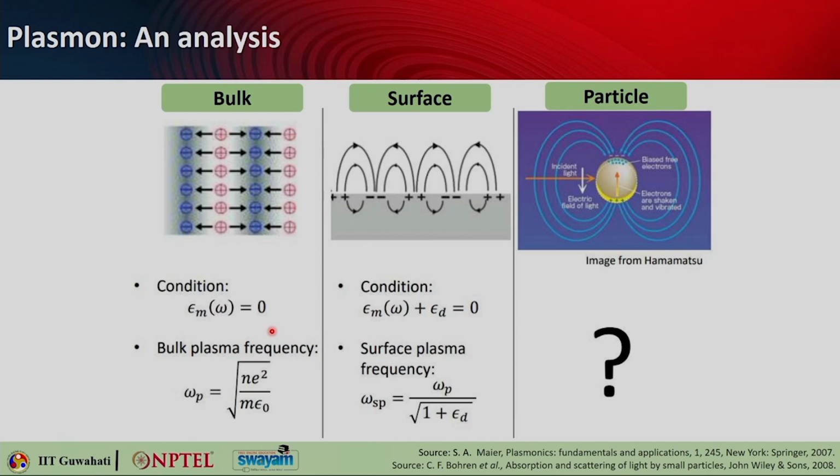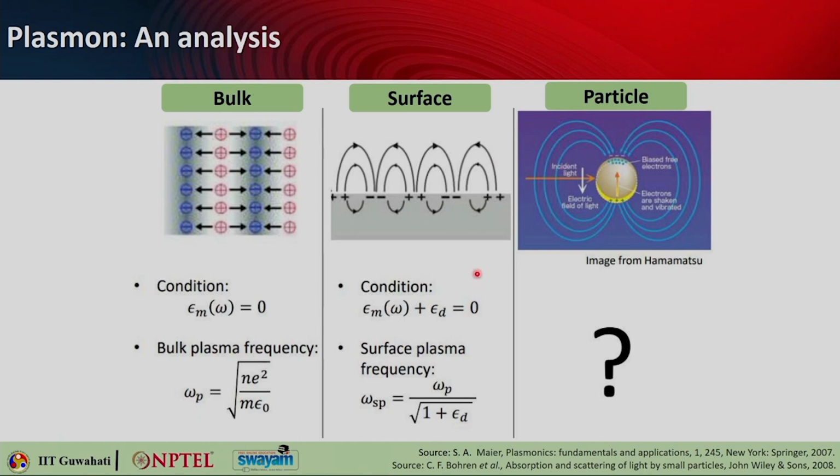This is the boundary and that happens at the plasma frequency omega p. Okay, and the value is square root of n e square over m epsilon naught. Here, n is the electron concentration, e is the electronic charge, m is the mass of electron and epsilon naught is the permittivity of vacuum. Okay. So, all these parameters are basically fixed. So, the bulk plasma frequency is also not tunable.